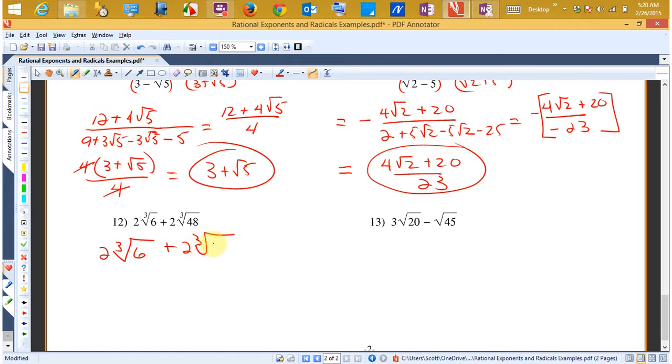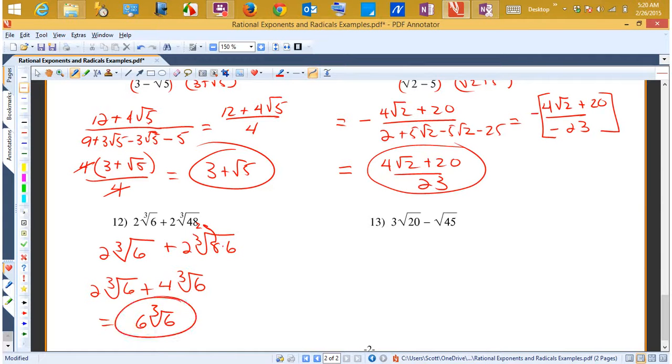That's going to be 8 times 6. Well, the cube root of 8 is 2, so that 2 is going to come out. The 8 will come out as a 2, so I've got 2 times the cube root of 6. That 2 would multiply by the 2 that's here, giving me 4 times the cube root of 6. So now I have 2 plus 4. I have 6 times the cube root of 6.